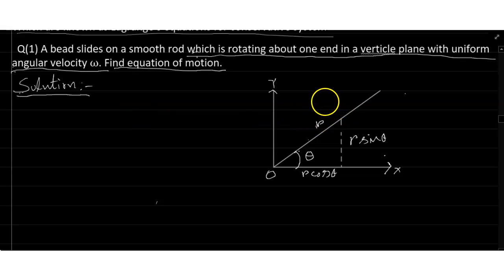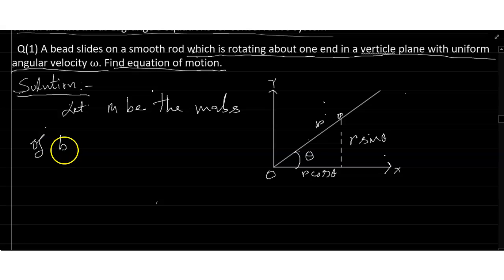This is the rod, and this is the bead that slides on it. Let m be the mass of the bead.